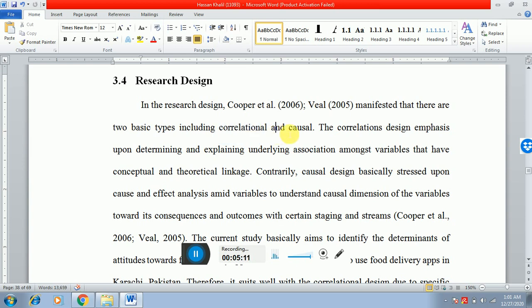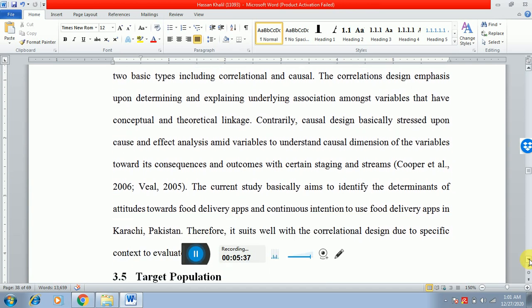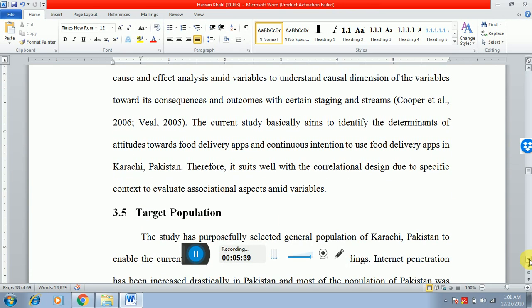But if you made the hypothesis like this, satisfaction has a positive and significant impact on loyalty, then it must be correlational and causal both, because you're going to check the relationship as well as the impact. So again, you have to first describe all the four research designs and then explain why your research design is correlational or causal or whatsoever.